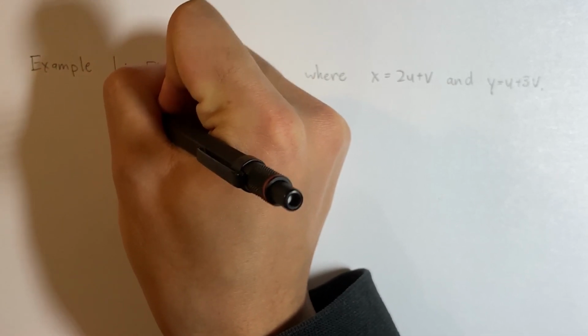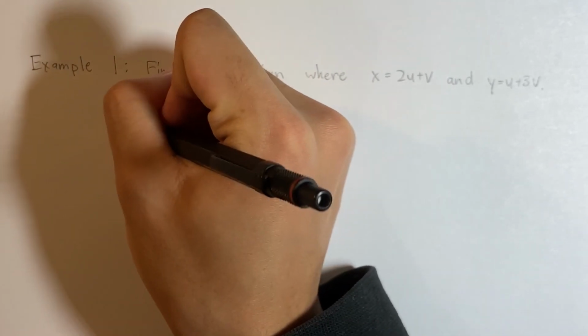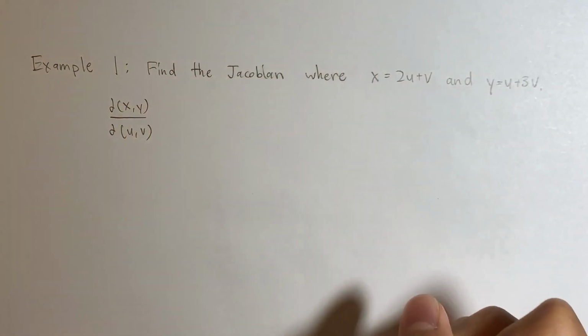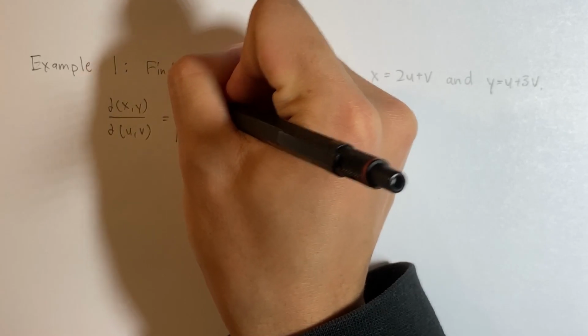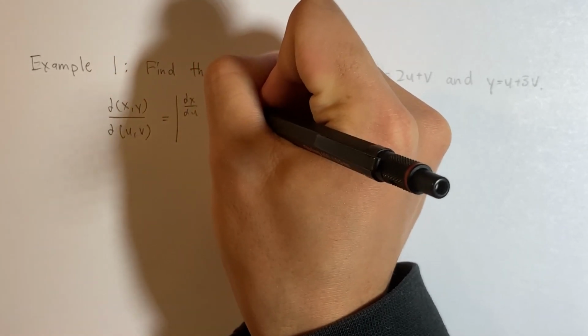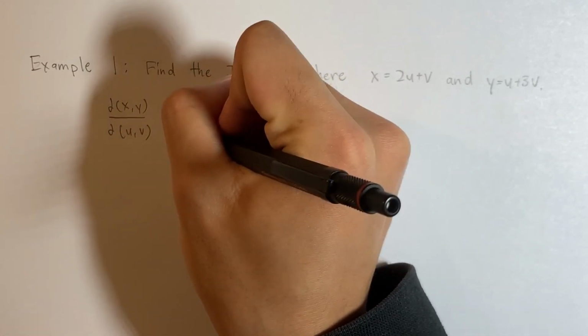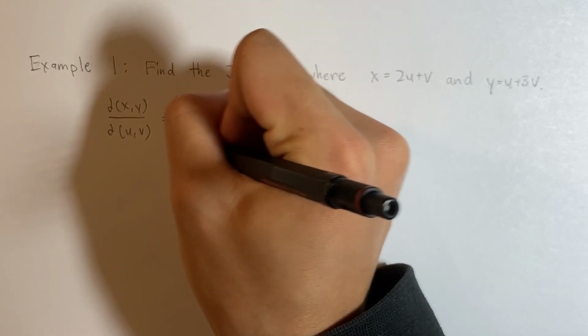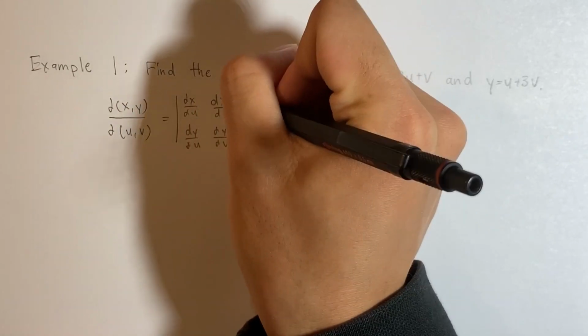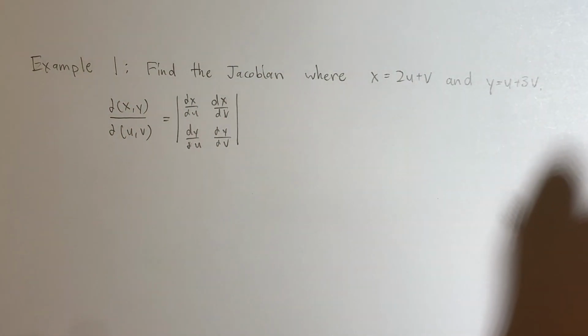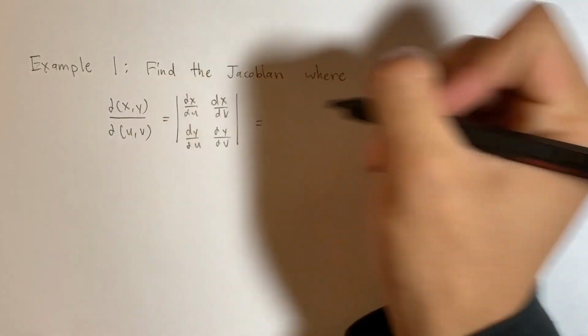So we'll start off by defining the Jacobian, which is partial xy over partial uv. And this will be equal to the determinant of partial x partial u, partial x partial v, partial y partial u, and partial y partial v. So next we can evaluate this by plugging in each of these partial derivatives.